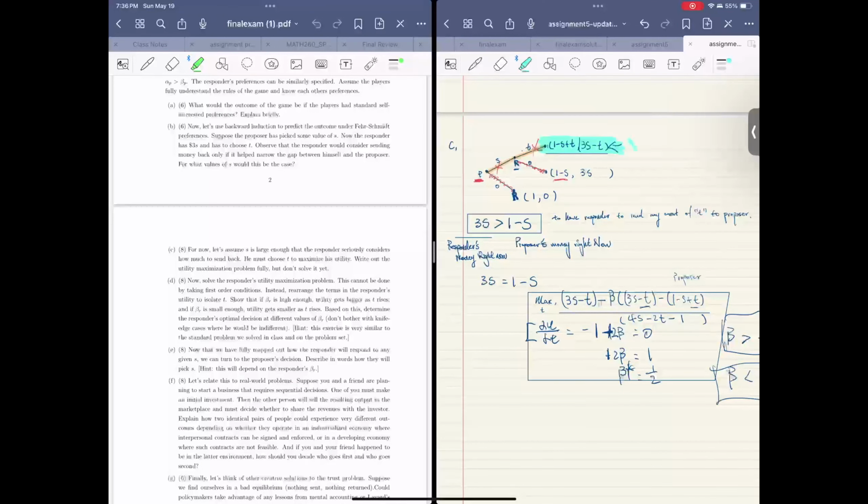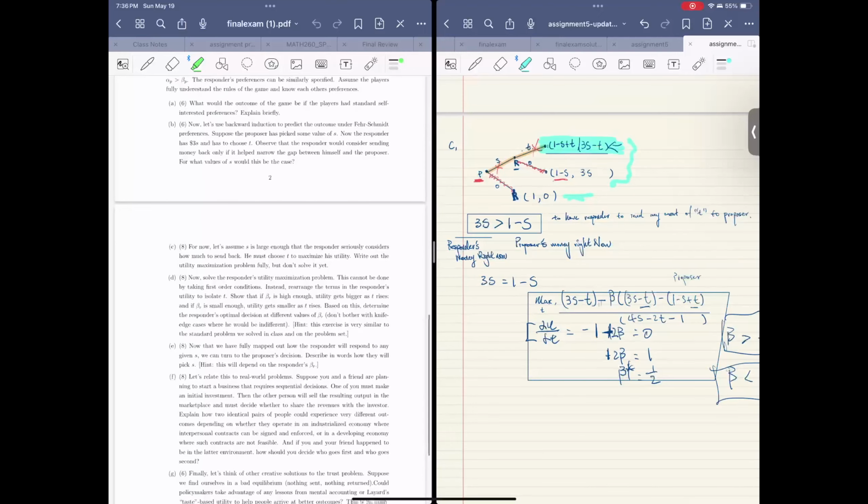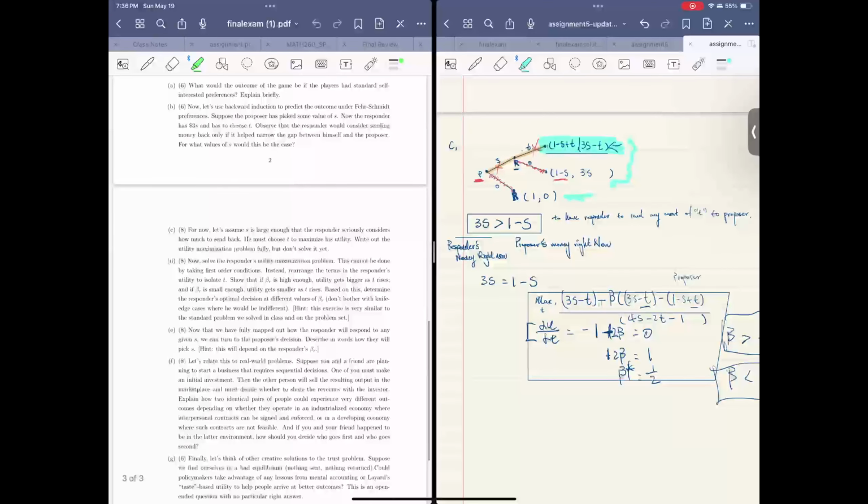This is the three scenarios that we came up with yesterday. Because this is very different from the ultimatum game. This is a trust game.